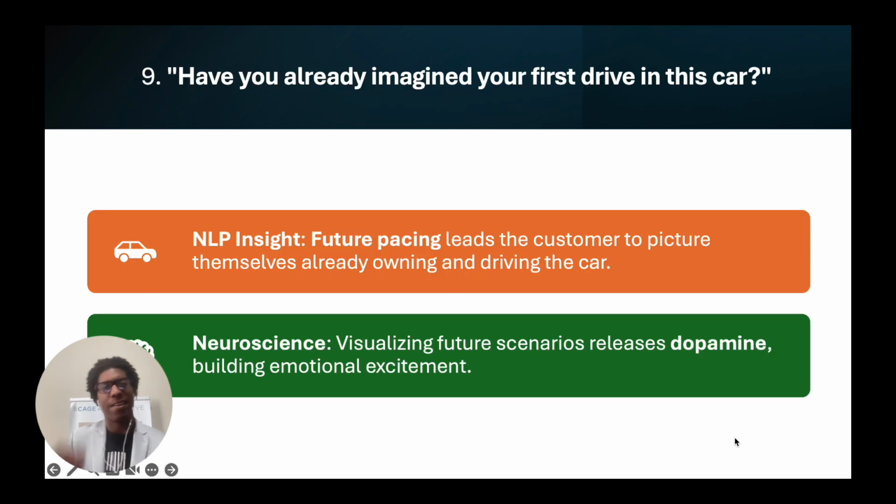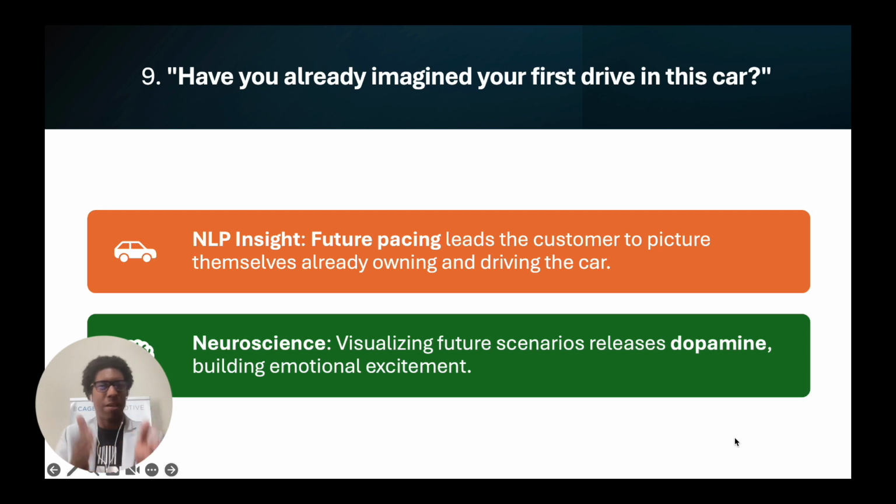Right. Next, number 9, we're getting there. Have you already imagined your first drive in this car? I actually like this question when we're live talking on the phone with the customer, because remember, these questions are designed to get engagement. You ever talk to somebody on the phone and you feel like you're not really getting anywhere?